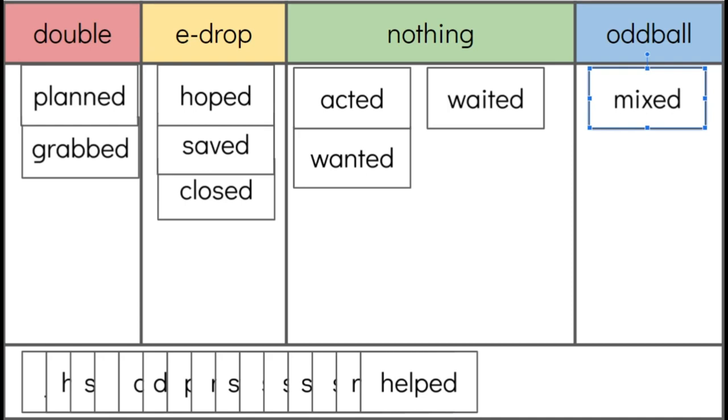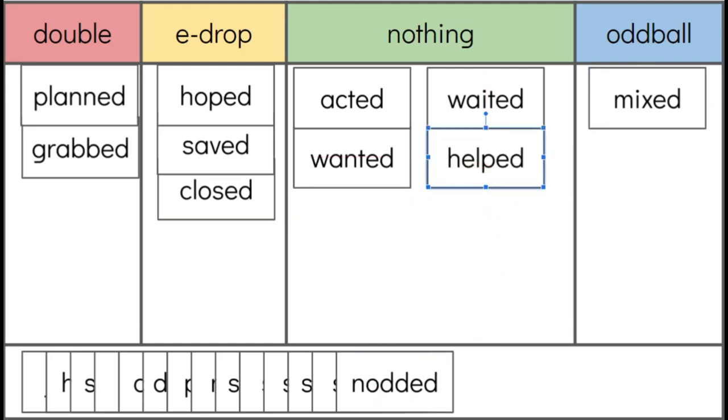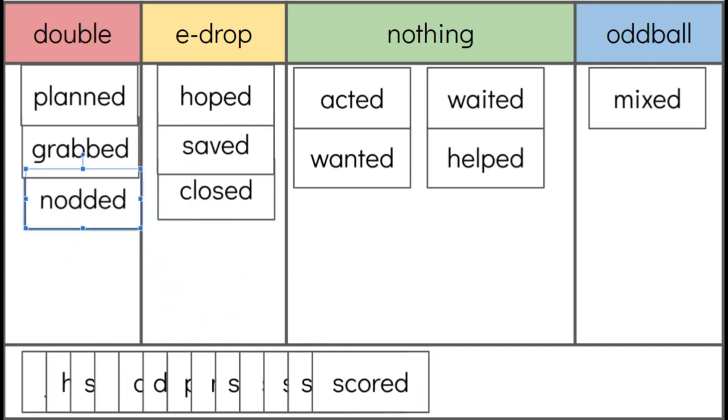Our next word is helped, root word help, ending in two consonants, LP, so nothing to do there except add the ED ending. Nodded, root word nod, CVC, consonant, vowel, consonant, so we double the final consonant to add the E and the D. Scored, root word of score, ends in an E, so we drop that E to add ED.